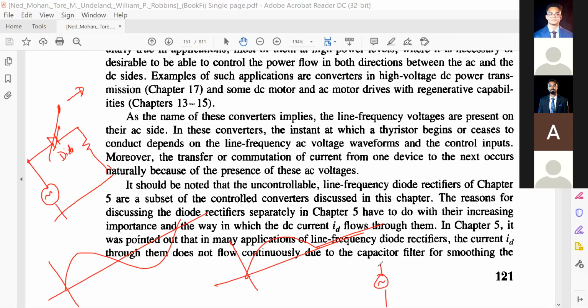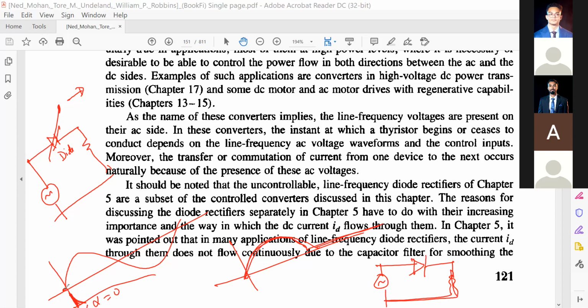I think they are called a subset because if we always fire our thyristor at 0 degrees, it will. Yes, you are correct. If the firing angle alpha is equal to 0, then we will get this half wave rectifier, right? Am I correct or not? You are firing at omega t equal to 0. Then you will get that half wave.